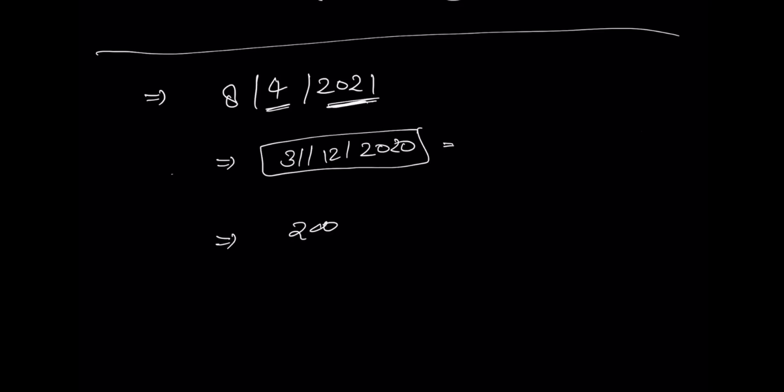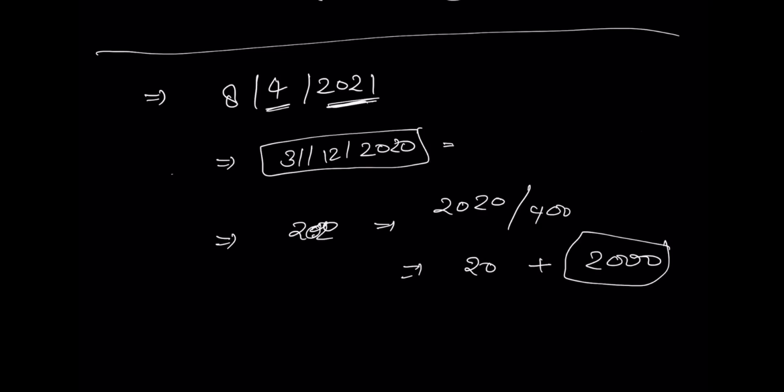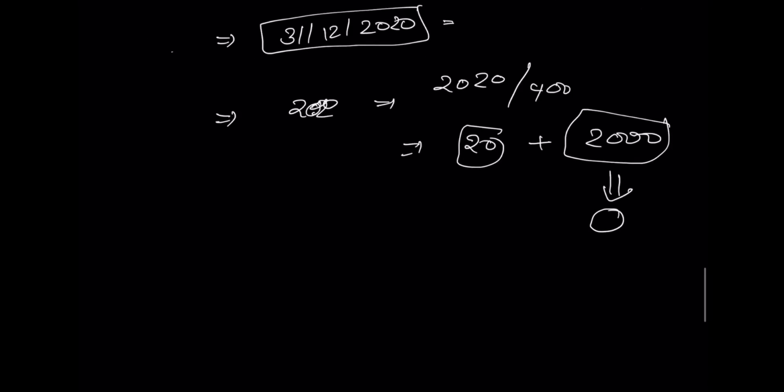So for 2020 we can basically modulus it by 400, so it will give us 20 plus 2000. We already know anything which is divisible by 400 will always result in 0. So now our dedicated number is 20. So we have 20 years.